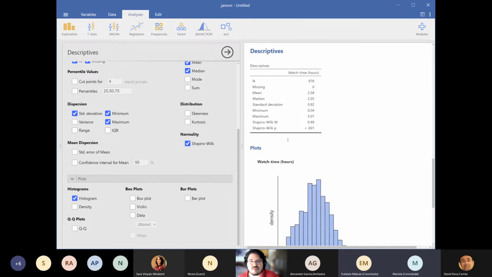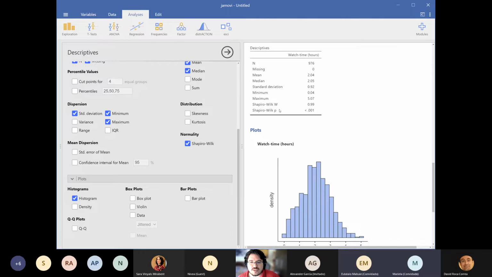Technically the result of the test is this W, 0.99. That's not very useful to you. The most important thing is this p-value. The p-values are these probabilities associated to the observations of the statistics that you get from a test. In this case it is the W of the Shapiro-Wilk test.